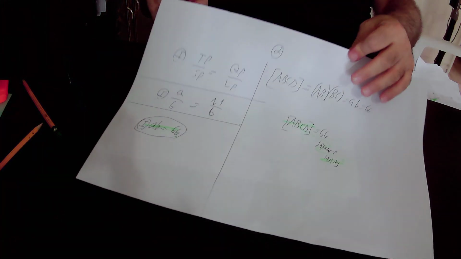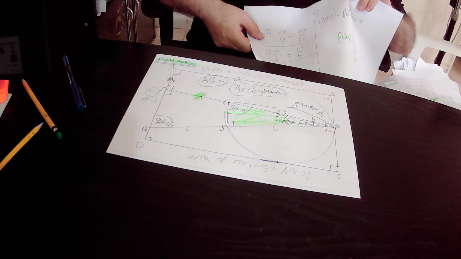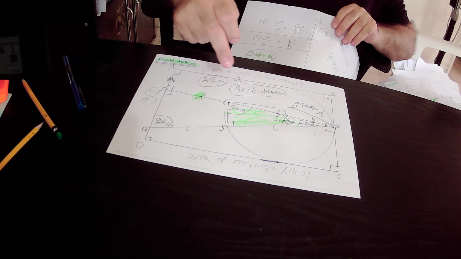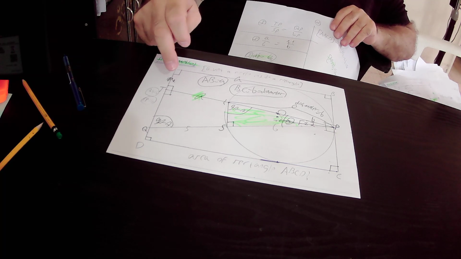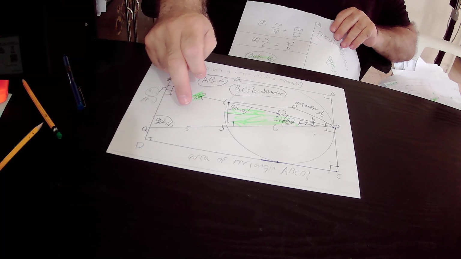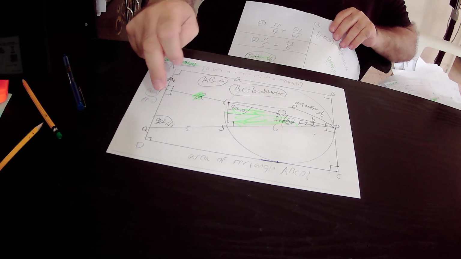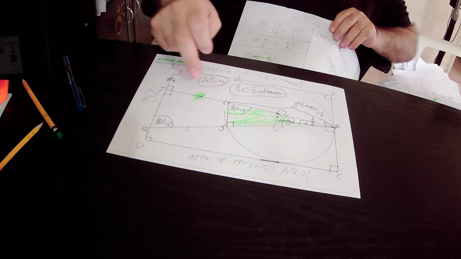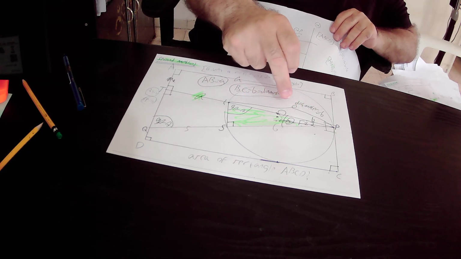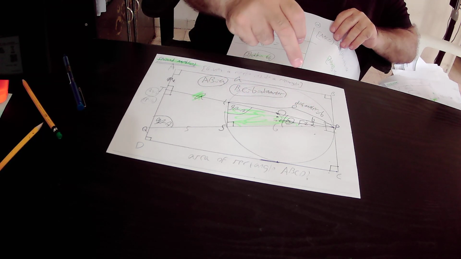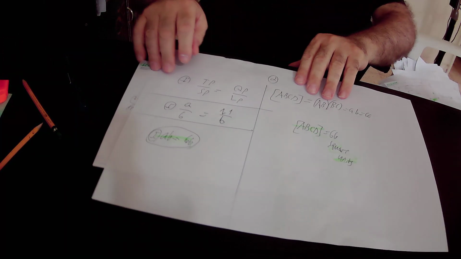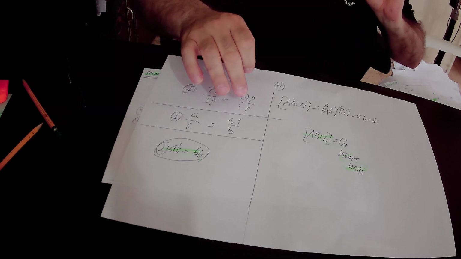Here, TP equals A, so we substitute TP by A. SP equals 6, so we substitute SP by 6. QP equals 5 plus 6, that is 11, so we substitute QP by 11. And finally, LP equals B, the diameter of the circle, so we substitute LP by B. So in conclusion, according to equation number 1, A over 6 equals 11 over B.